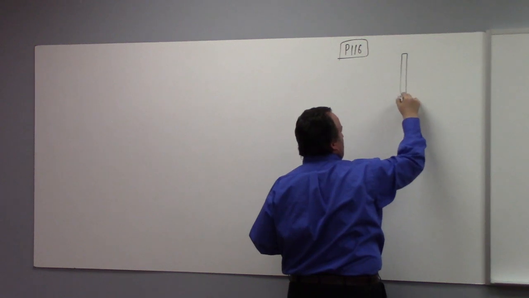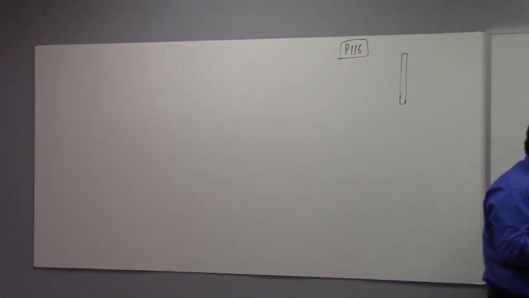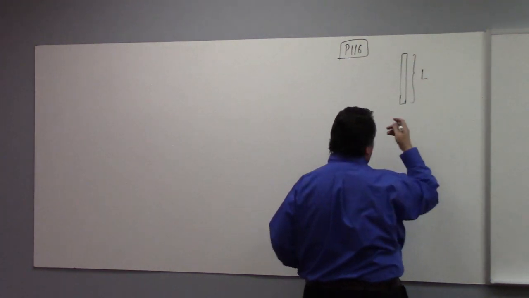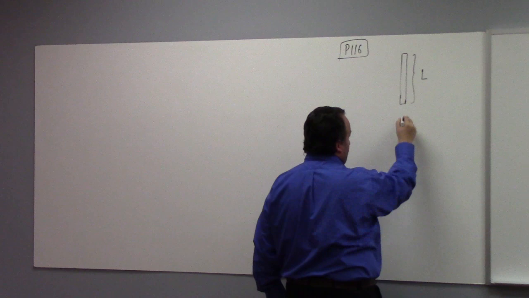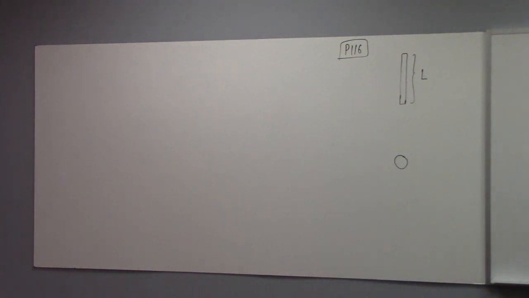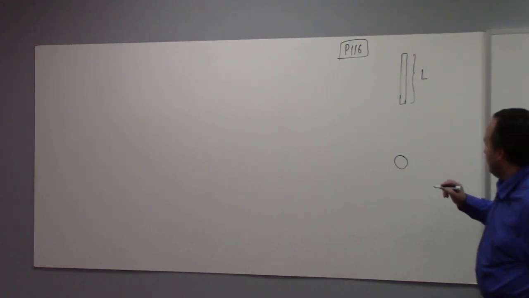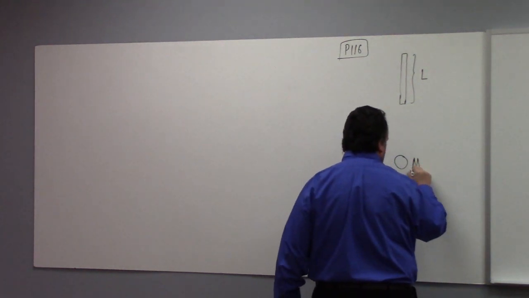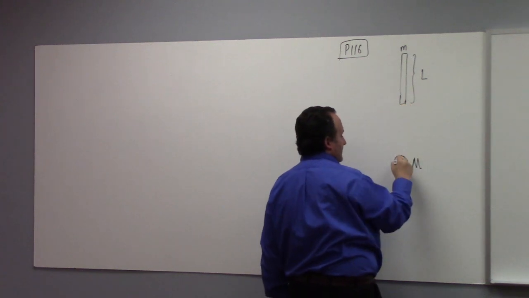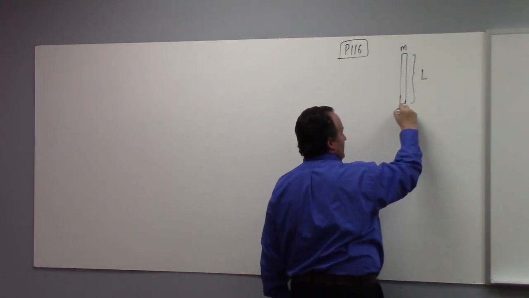It doesn't say in the problem that it's vertical, but I indicated it was vertical the other day, and the length of the uniform rod is L. The mass I was talking about is somewhere down here. I think I used a big M for the uniform sphere. This is little m.